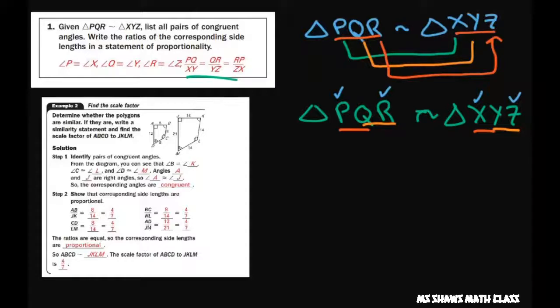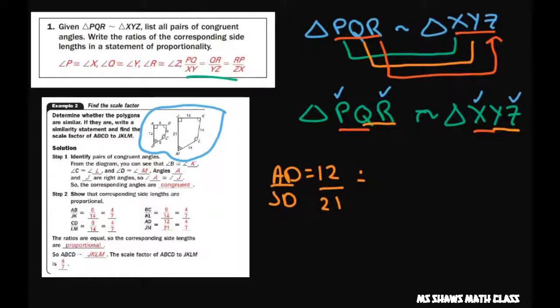All right, then we have an example. We have to identify all the congruent angles. So the corresponding angles are congruent, and you can just look at this picture. Everything is marked. Show that the lengths are proportional, so I'll just do one. Let's look at AD equals 12, and JD equals 21.